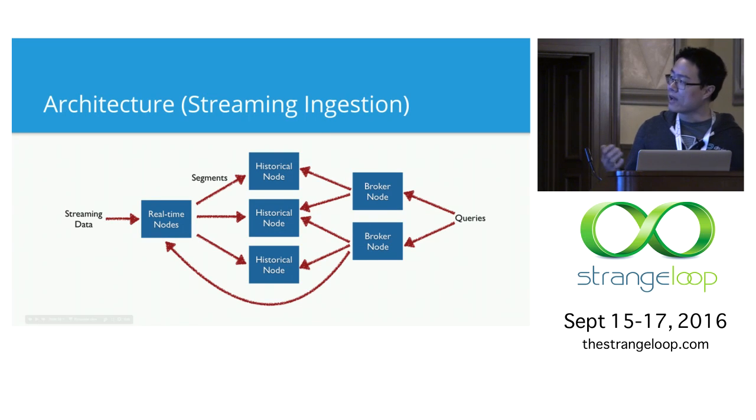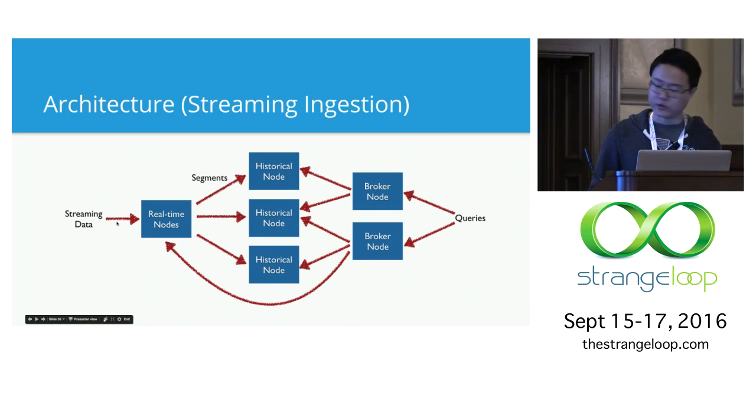When you put it all together, how Druid works as a system is you stream data into these real-time nodes or real-time workers, who then periodically create segments and hand off to these historical nodes. The idea is historicals are read-only, brokers are read-only, and real-time nodes are read-write. Because read-write is a much more complex operation, these real-time nodes only ever hold a small window of data.